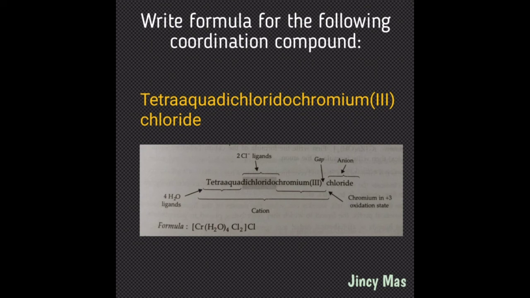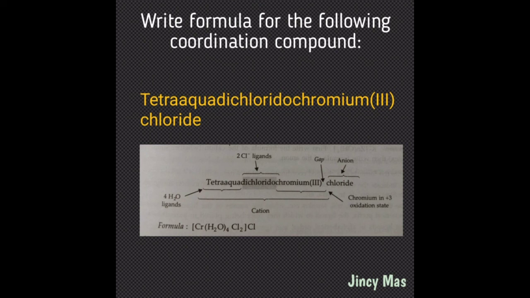So chloride is a counter ion. If we have a negatively charged coordination entity, we write the counter ion first before the coordination entity. If we have a positively charged coordination entity, here this chromium(III) is 3 plus charge, so that coordination entity will be written first, and then the counter ion.